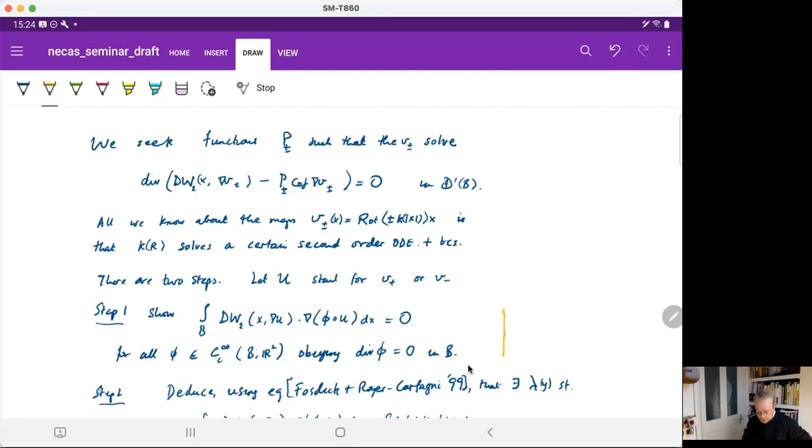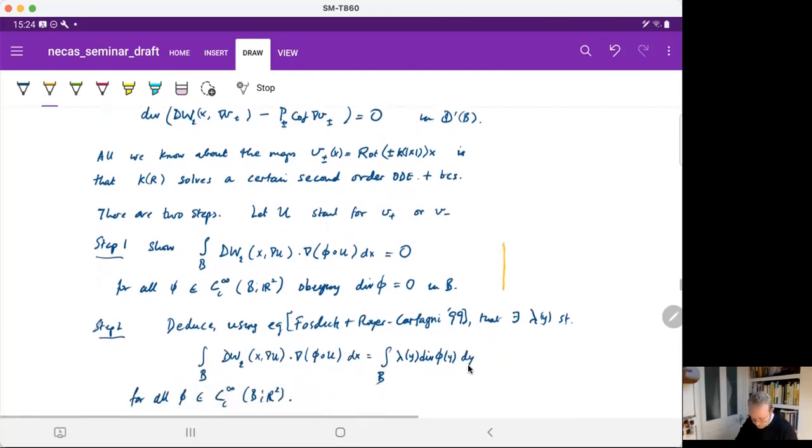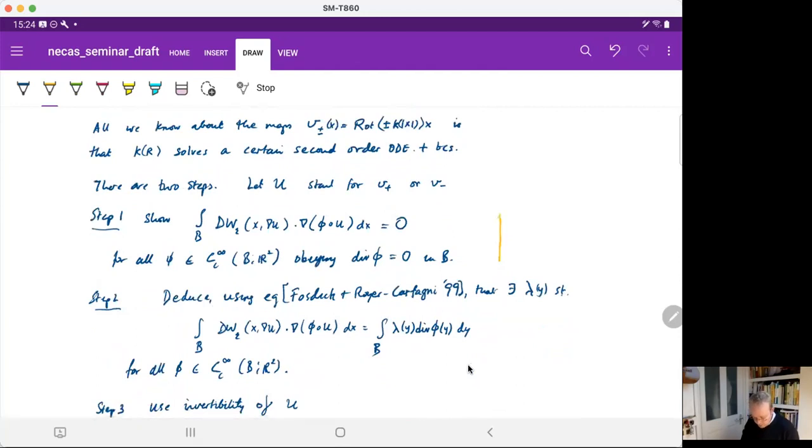Once this has been done, you can establish, using a very nice paper by Fosdick and Royo-Kafani, which was written in '99, that the first step's result can then be strengthened to read as follows.